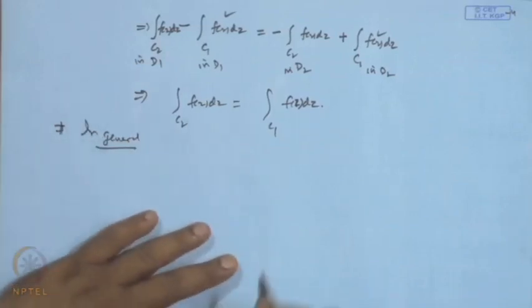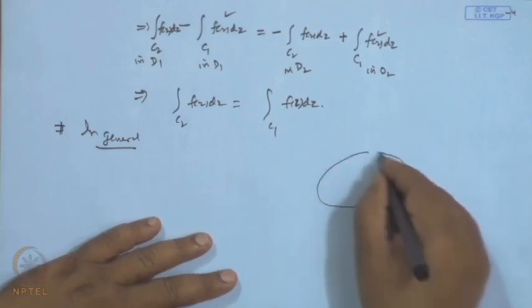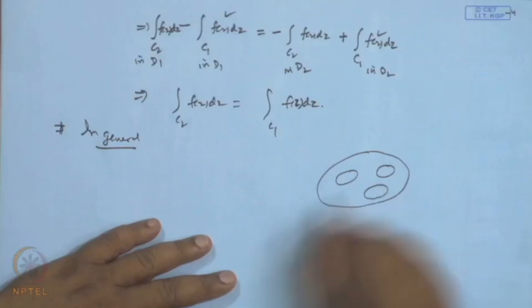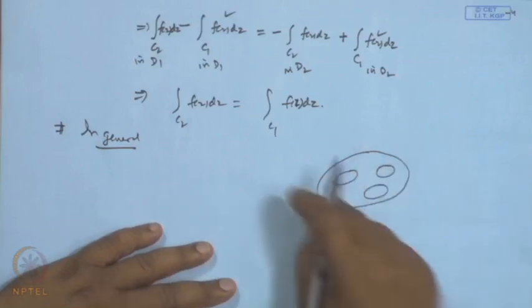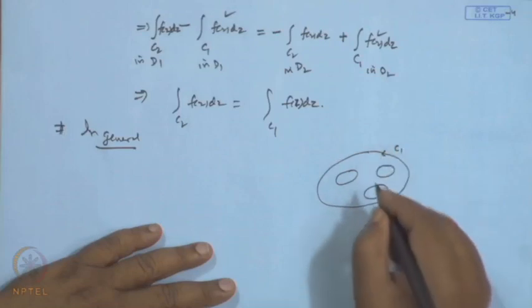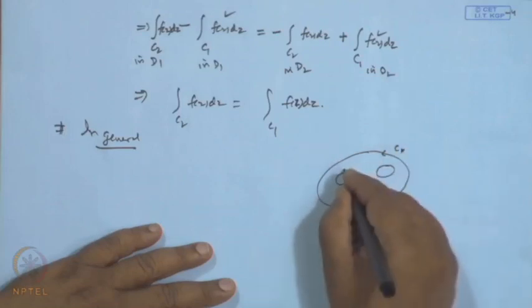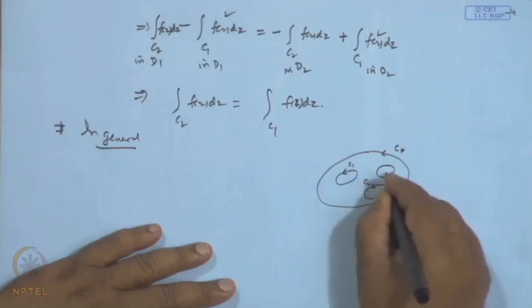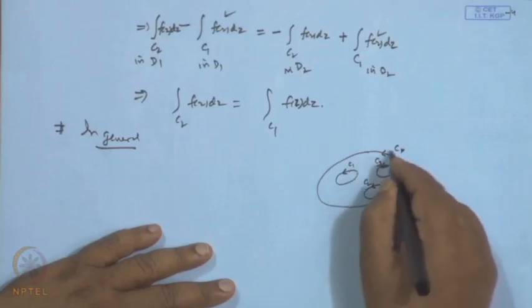Suppose this is our domain where there are many holes. So, it is a multiply connected domain and the boundaries are C1, C2, C3, in the same direction.